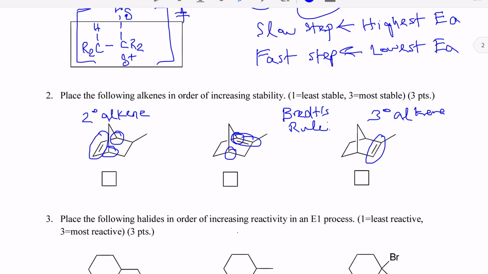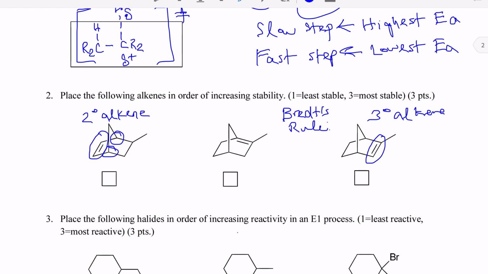I will also try to provide a conceptual explanation for this idea. The reason why Bredt's rule matters in evaluating stability is that this configuration is really energetically unfavorable.